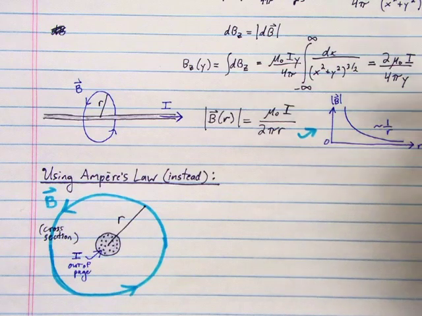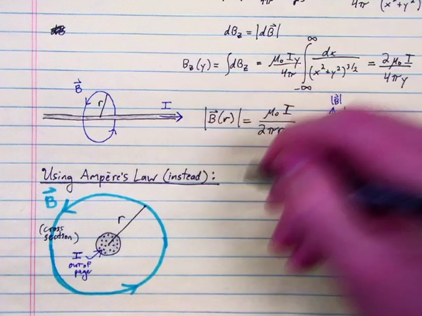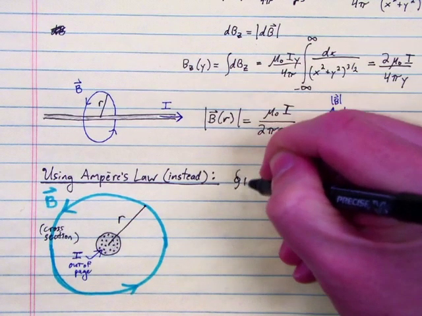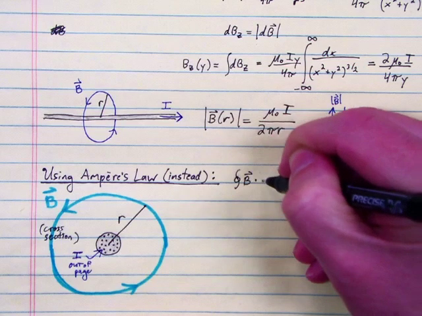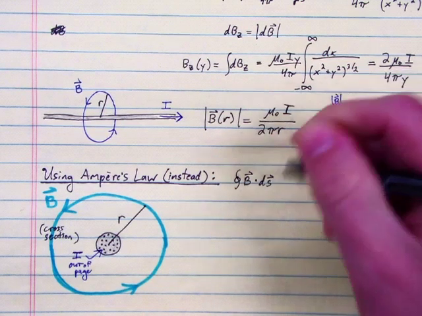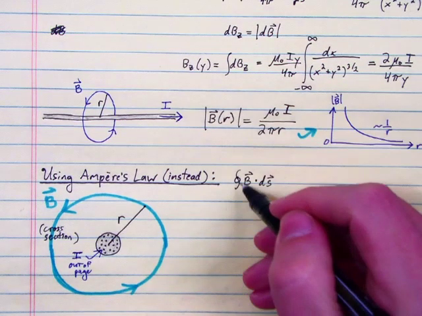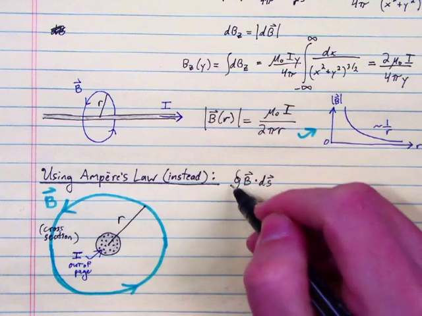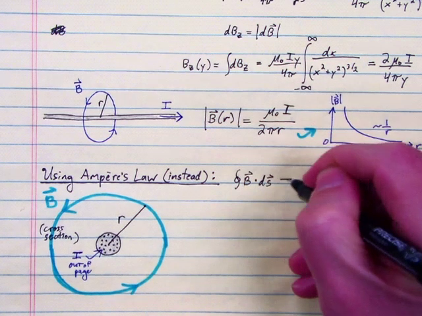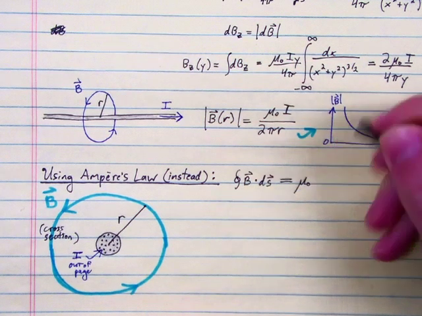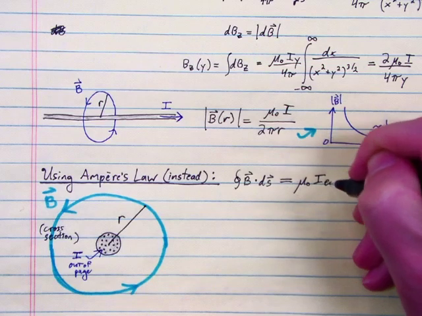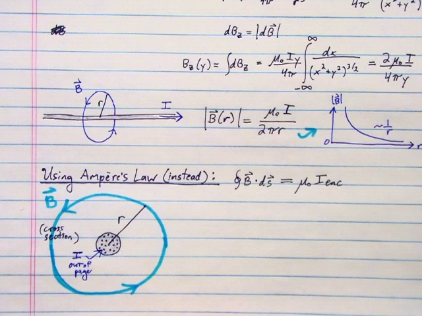Okay, let's state Ampere's law. It says that if we choose some closed path, then the closed line integral of B dot ds along that path is equal to mu naught times the current enclosed by that path. So it's time to choose our path.